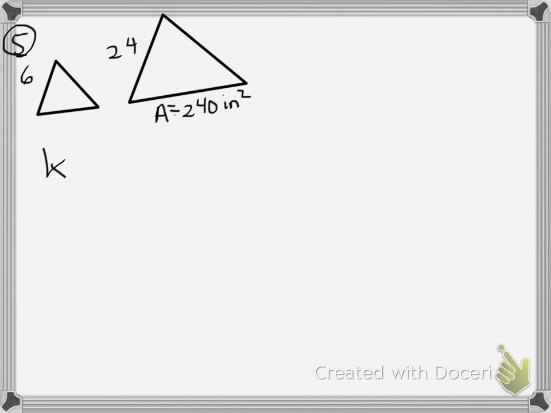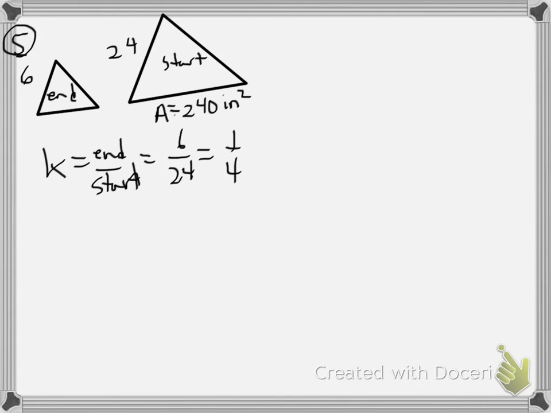If we start with this one and we end with this one, then it's end over start, which would be 6 over 24, which is 1/4. That's our scale factor. And we're going from here to here, so our area should get smaller.